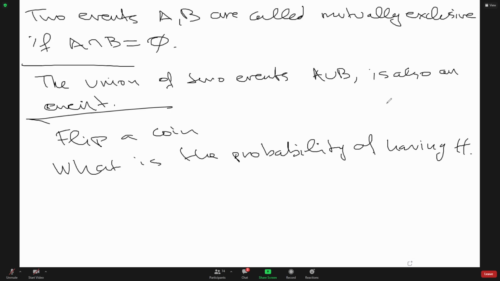Someone? 50%. Sorry? 1/2. 1/2, right? Why? Since there are two possible outcomes and there is no difference between them occurring, so that must be it. Okay.